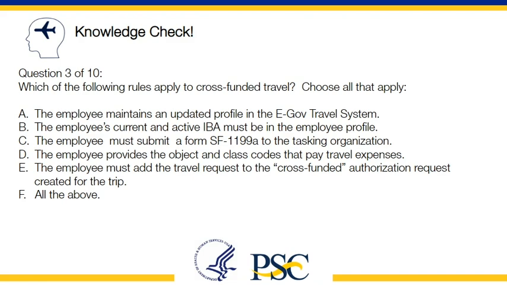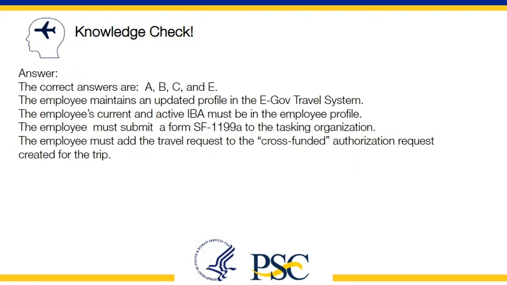D. The employee provides the object and class codes that pay travel expenses. E. The employee must add the travel request to the cross-funded authorization request created for the trip. F. All the above. Click the Pause button, consider your response, and then click Play to resume and learn the correct answer. The correct answers are A, B, C, and E.